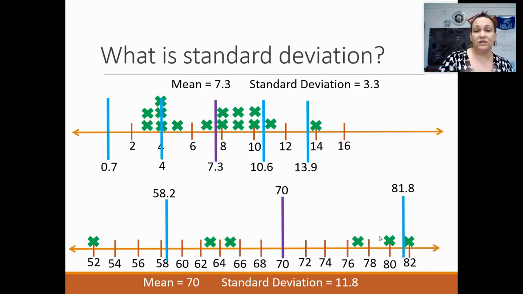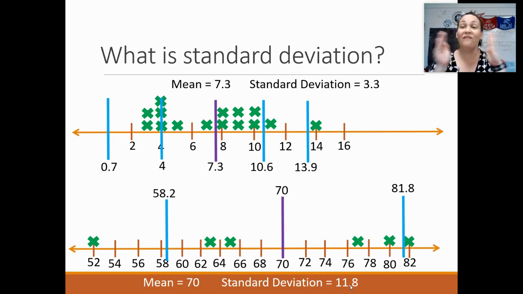If we look at these two problems, the top one is the one we were just doing with a mean of 7.3 and a standard deviation of 3.3. And this is the example from the first video where the mean was 70 and my standard deviation was 11.8. On both of my number lines I was counting by twos, but look at how much bigger the bottom number line had to be, and how much bigger the standard deviation is.